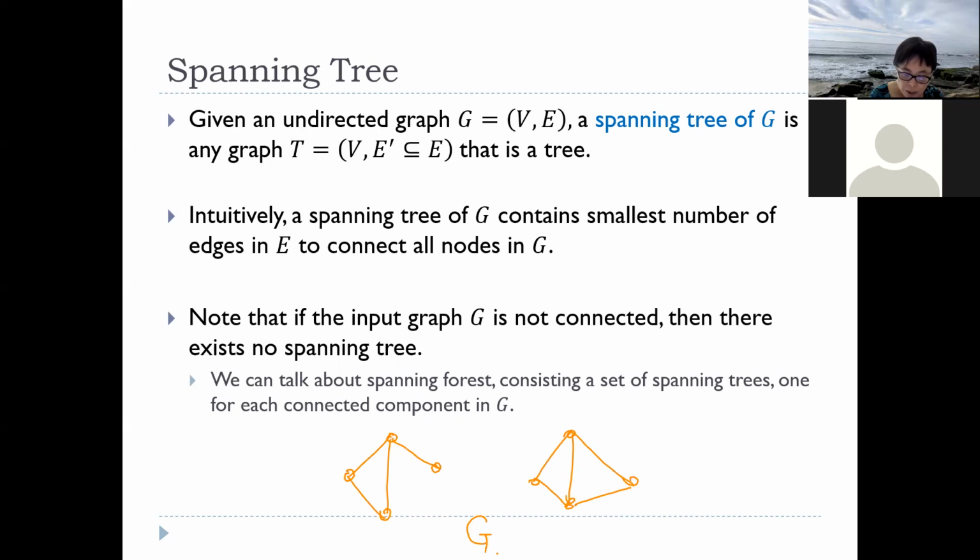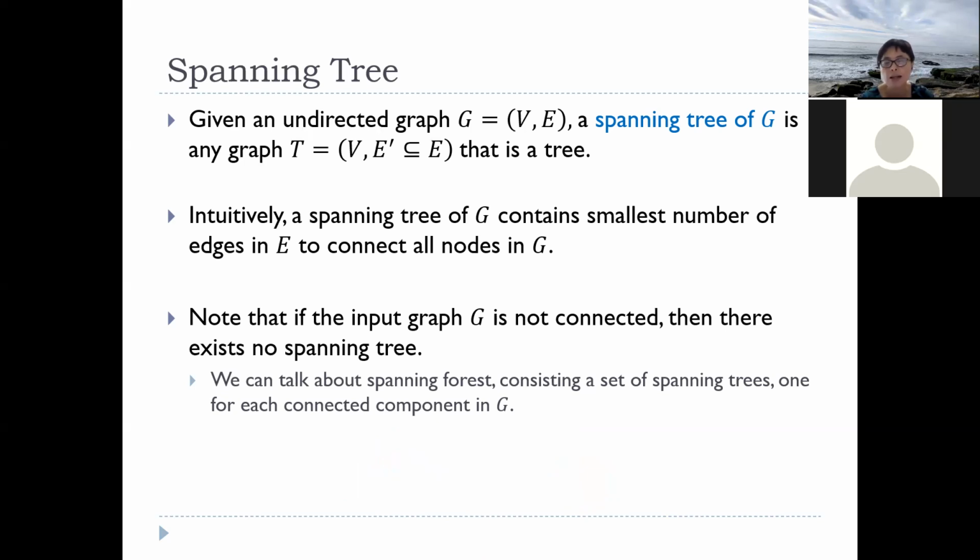However, I can find a spanning forest. The blue one will be a spanning forest, which is the spanning tree for each connected component. At any rate, let's assume in the remainder of this class that the graph we have is connected, and then we're going to compute the spanning tree.